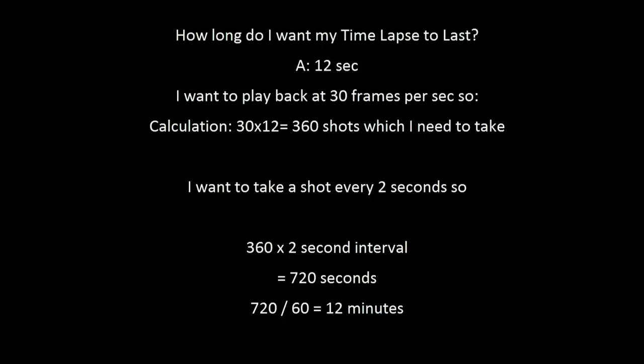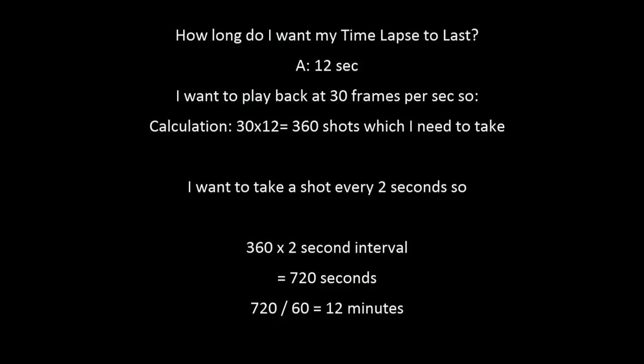That gives me 360, and that number is the number of photographs I need to take to produce a time lapse playing at 30 frames per second to last 12 seconds. I also know that I want to take a shot every 2 seconds so that it becomes smooth.